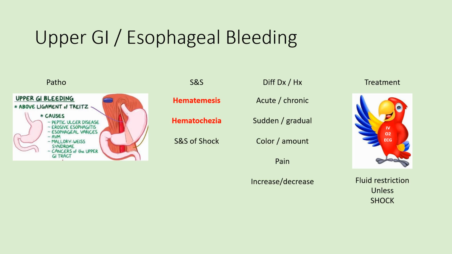Get that pain scale, OPQRST, and figure out what increases or decreases the signs and symptoms and the amount of blood. For your treatment, basic paramedic care: IV, O2, monitor. We will withhold or restrict fluids unless this patient is in shock, pale, cool, and diaphoretic. And get them to the hospital for further treatment.